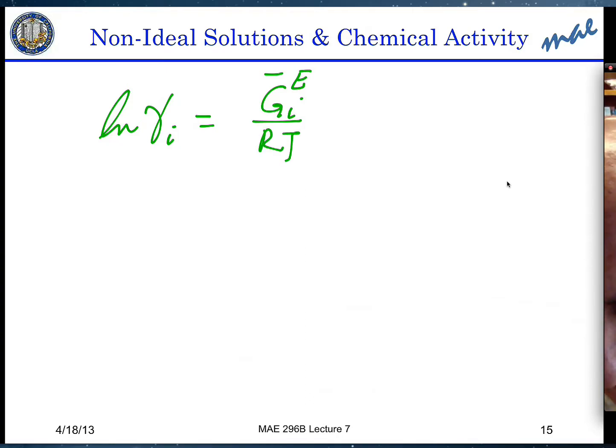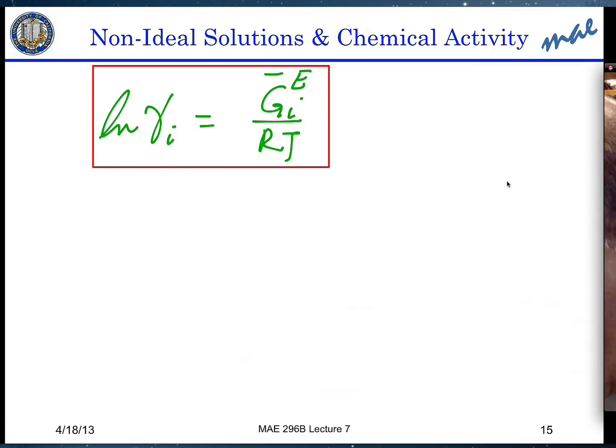Therefore we can use this to relate the excess Gibbs free energy to the activity, and vice versa.